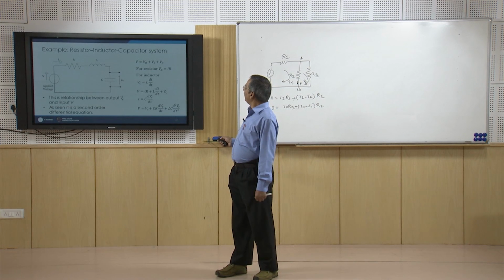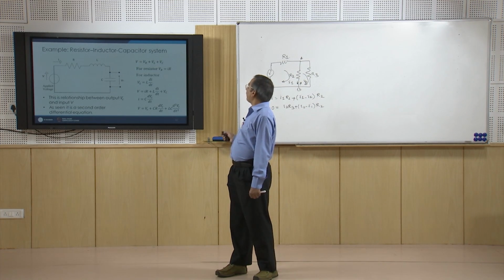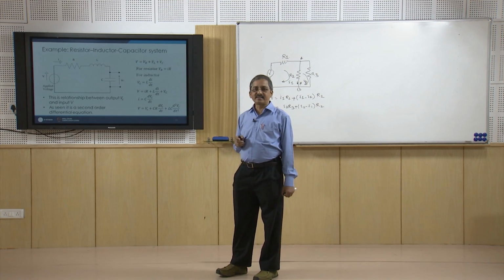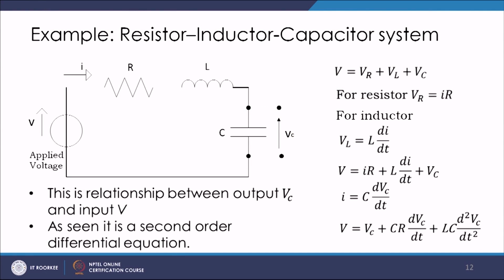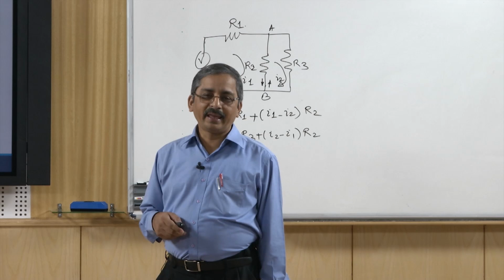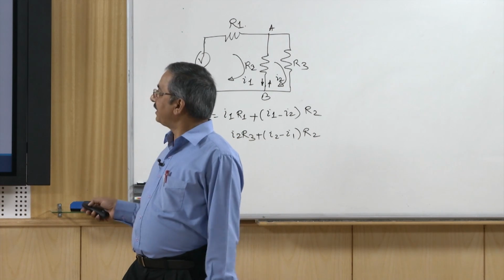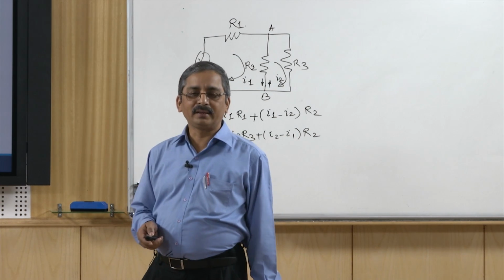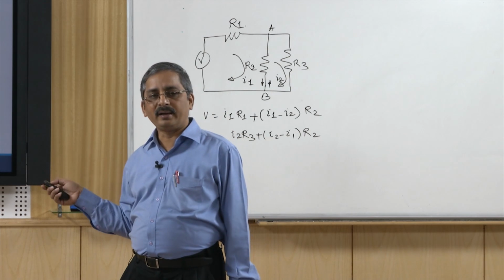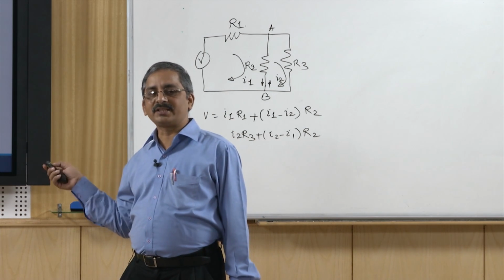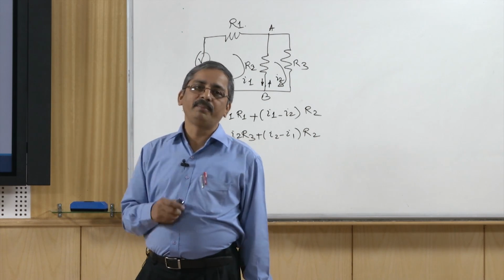Next, let us see a resistor inductor capacitor system, the RLC circuit. We have seen the same figure, same model, in order to give you the first impression of the bond graph model. So, let us see how we are able to develop the system equation using these three building blocks.